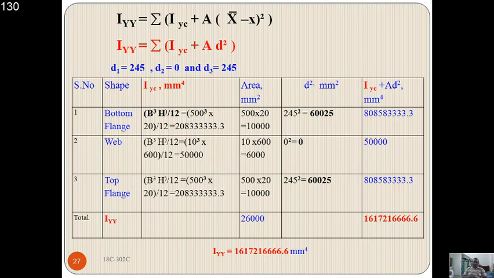Then after summation, you will get all the values of the Iy. Therefore, the Iyy is equal to 161,721,666.6 mm to the power of 4.